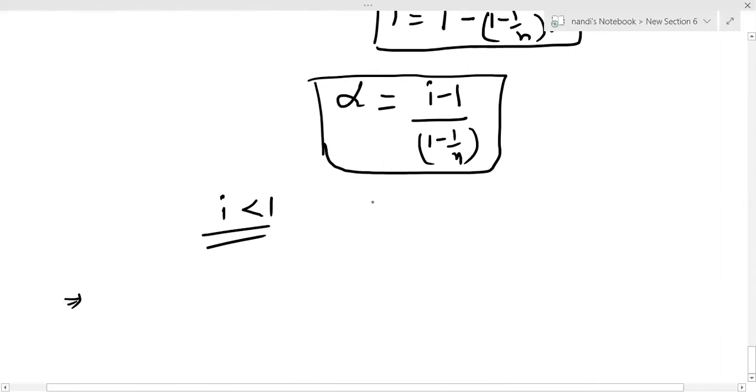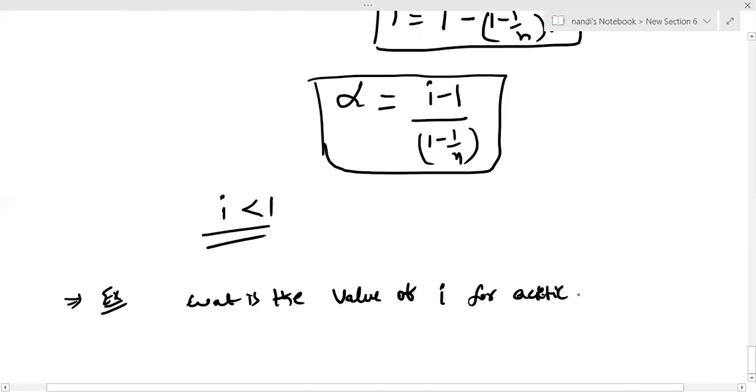You can see one example. What is the value of i for acetic acid in benzene?